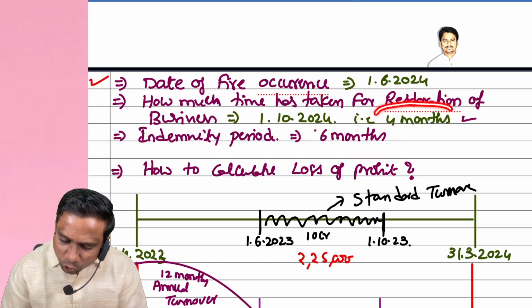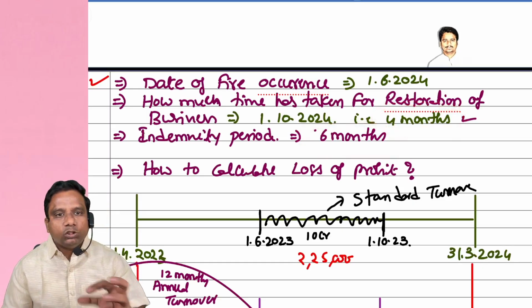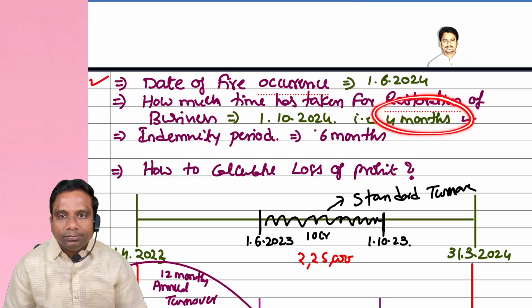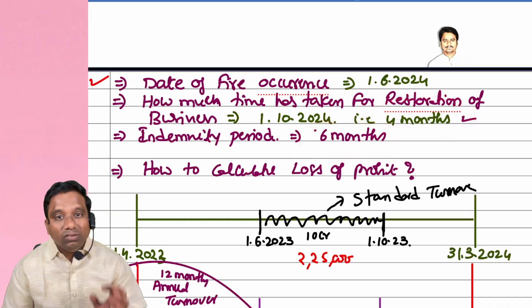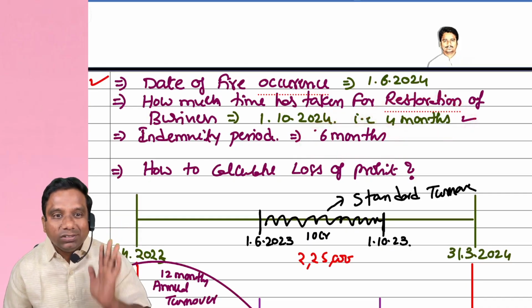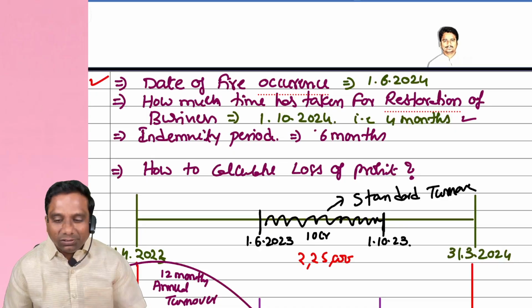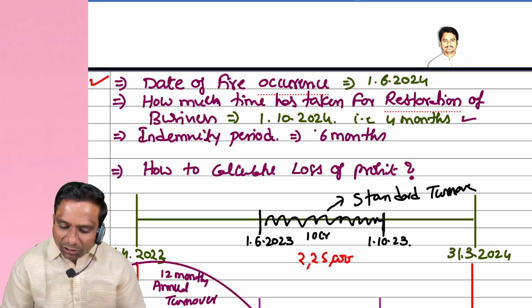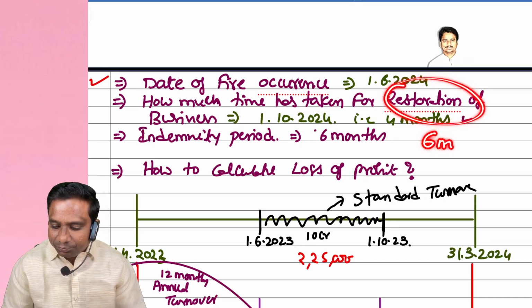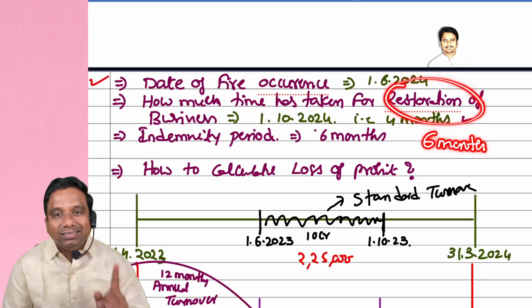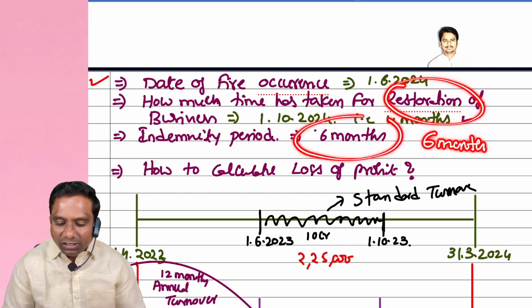Calculate the actual restoration period. Actual restoration period is 4 months, whereas indemnity period is 6 months. Now the insurance company will accept your claim for 4 months, not the entire 6 months. Suppose the restoration period is 6 months, so the indemnity period is also 6 months.